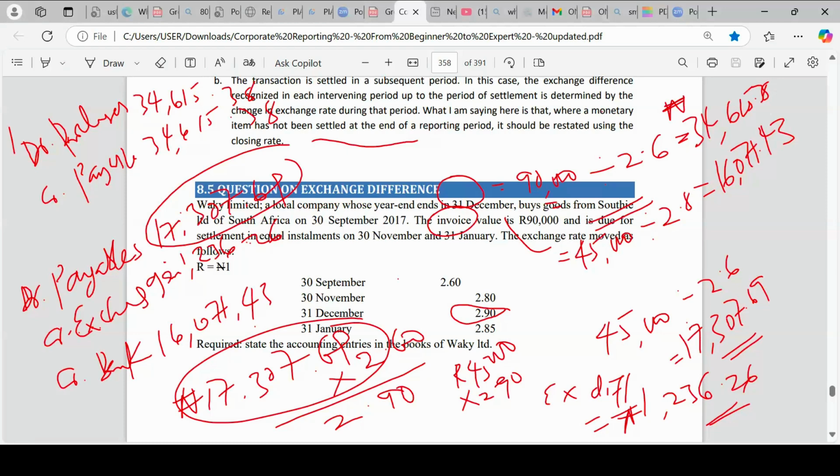All right. So what I would do is to now reduce my payable. I'll reduce my payable by the difference. The difference between them is 17,307 point something minus 15,517.24.